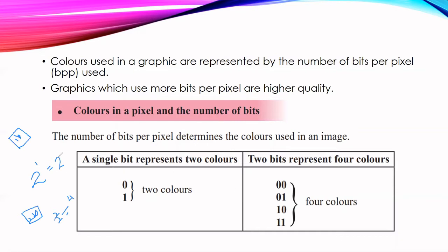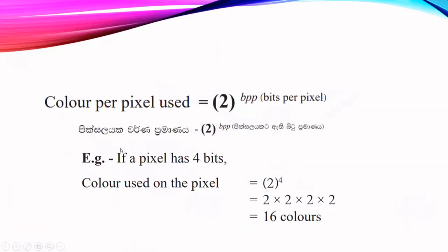Then you can see that when the number of bits in the pixel is increasing, the number of colors also increases, right? We can see it. Here you can see colors per pixel used is equal to 2 to the power bits per pixel, right?